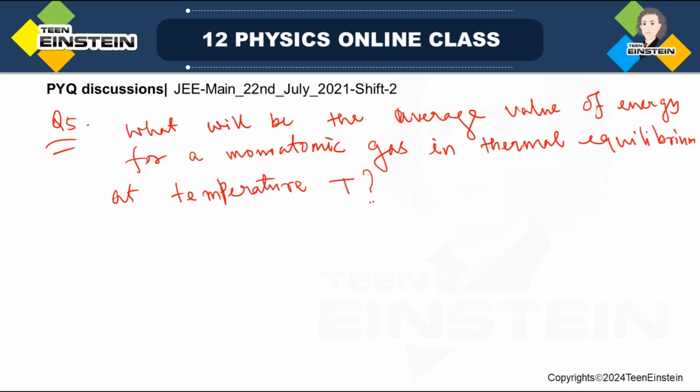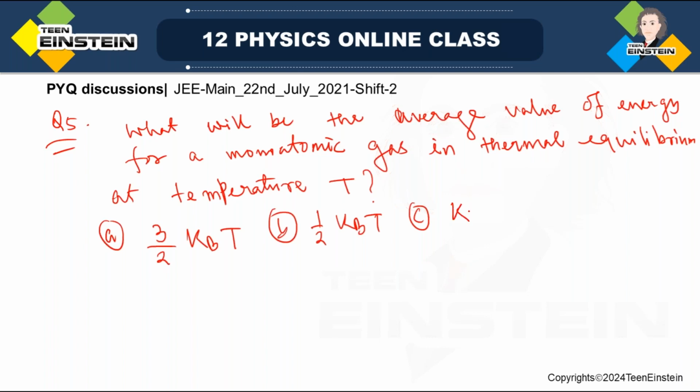Options are given here. First option says it is 3 by 2 kBT, where kB is the Boltzmann constant. Option B says it is half kBT. Option C says it is kBT. Option D says it is 3 by 2 kBT.